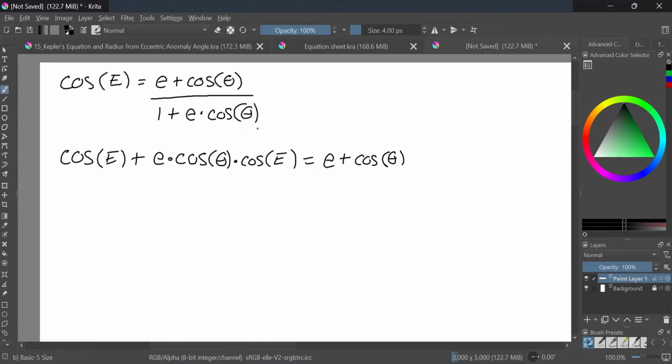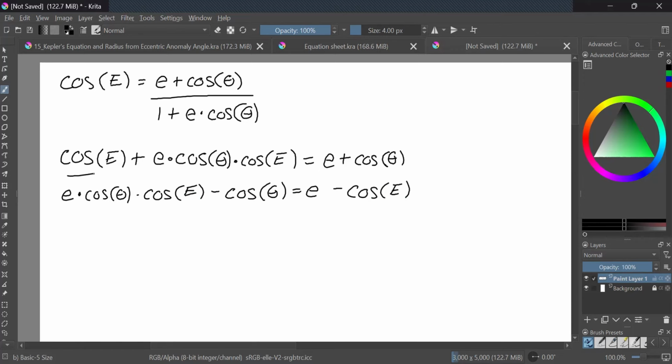So that's going to be E times the cosine of theta times the cosine of the eccentric anomaly angle. That's going to be equal to eccentricity, minus the cosine of theta, is equal to now the eccentricity minus the cosine of the eccentric anomaly angle. All right, that's looking a lot better.